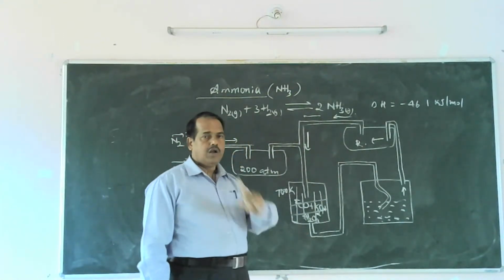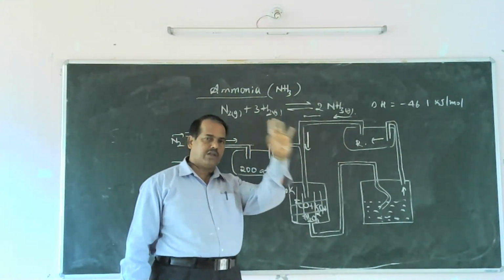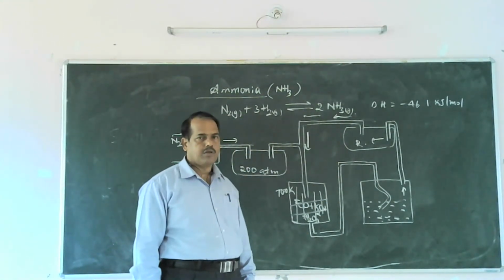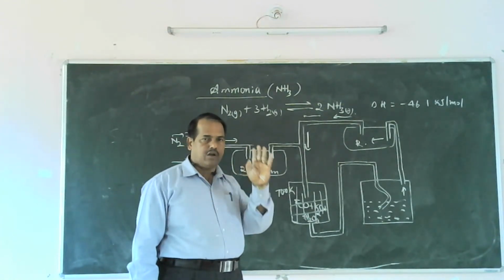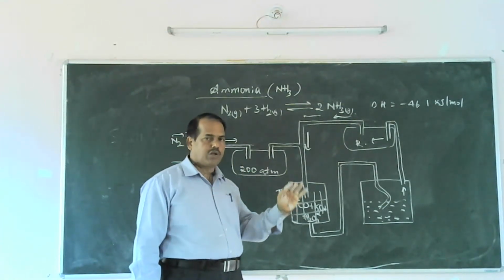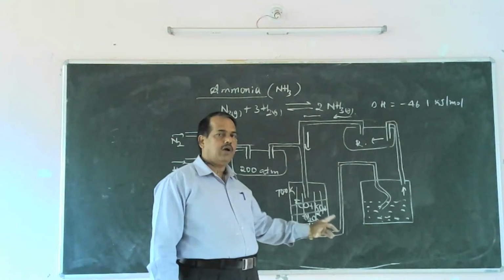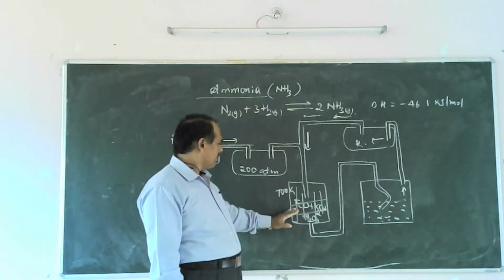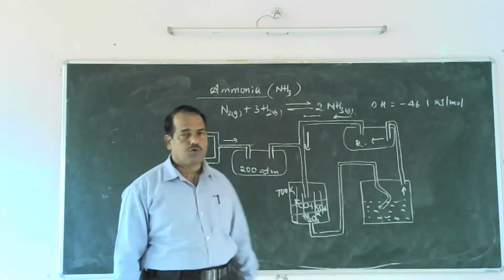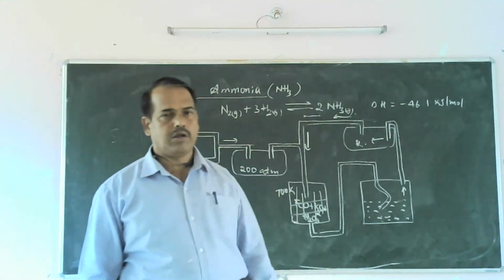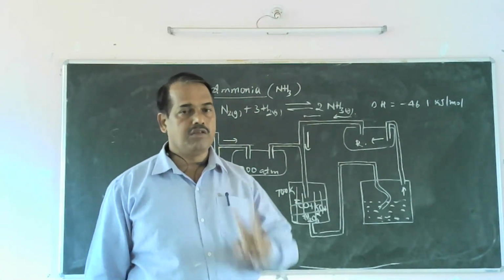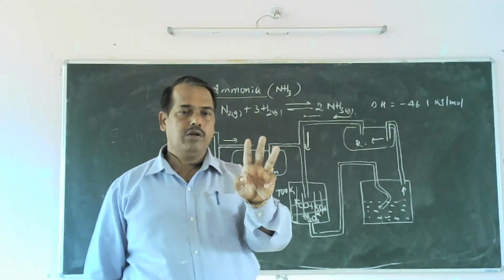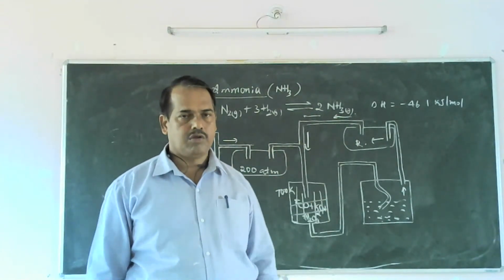What are those drastic conditions? Temperature is nearly 700 Kelvin. Catalyst used is iron oxide along with promoter K2O and aluminium oxide, and a pressure of 200 atm. These are the three important drastic conditions.